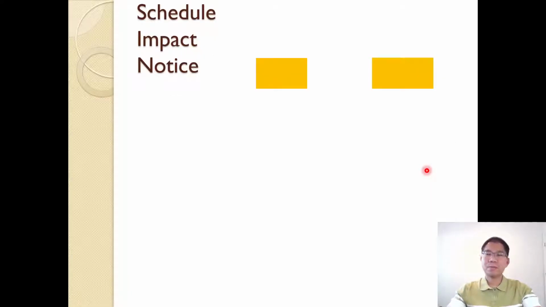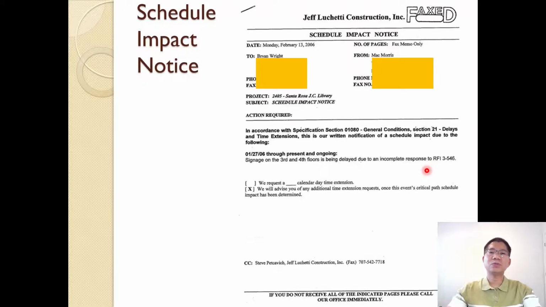And when it happens, if you see a change, things like that, that impact your schedule, you can provide a schedule impact notice. Example here: in accordance with the specification on delays and time extension, this is the written notification of the schedule impact due to the following.